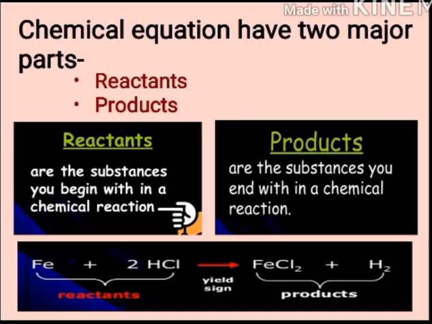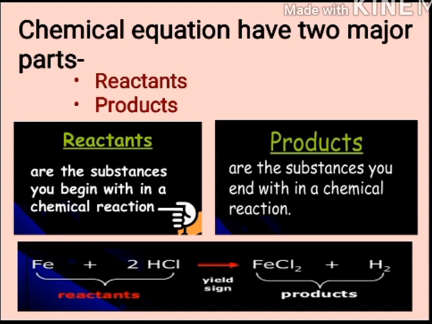Now a chemical equation has two major parts, that is reactants and products. Here you can see a reaction: Fe plus HCl, which gives FeCl2 and H2. In this reaction you can see an arrow which divides the chemical reaction into two parts, the left hand side and the right hand side.